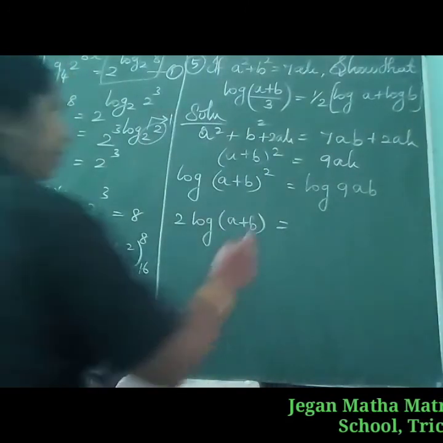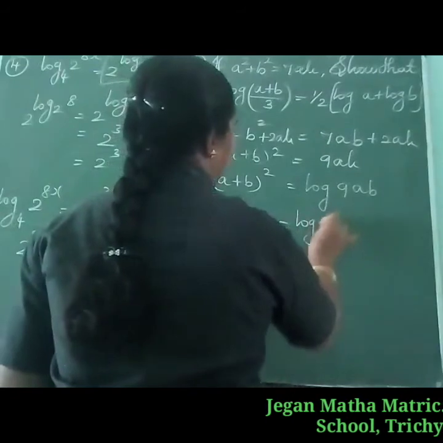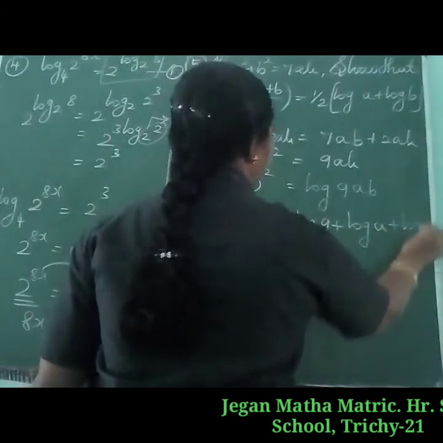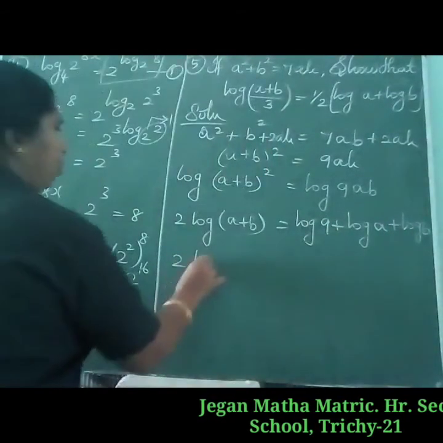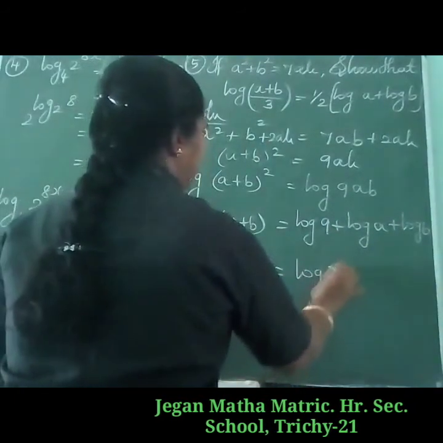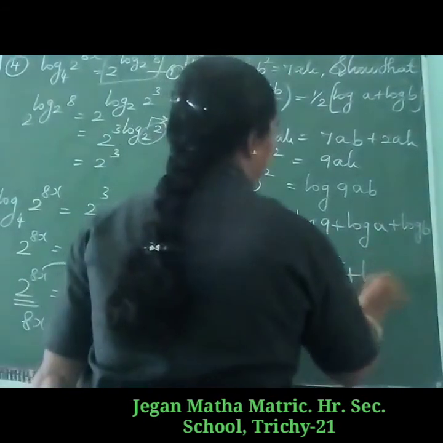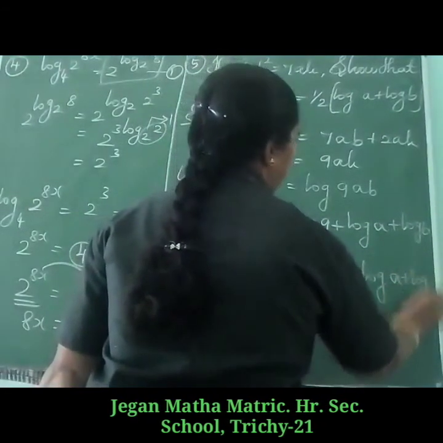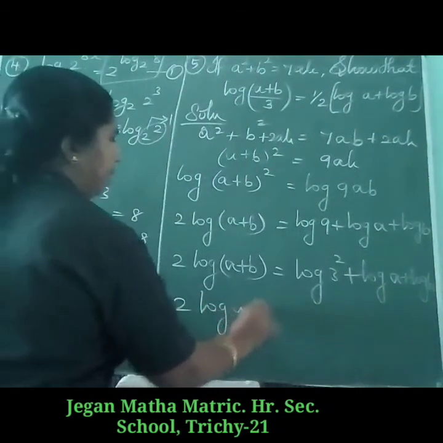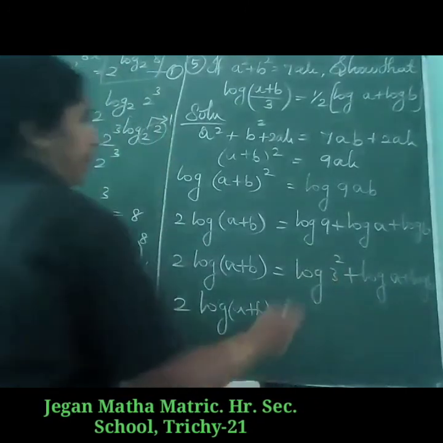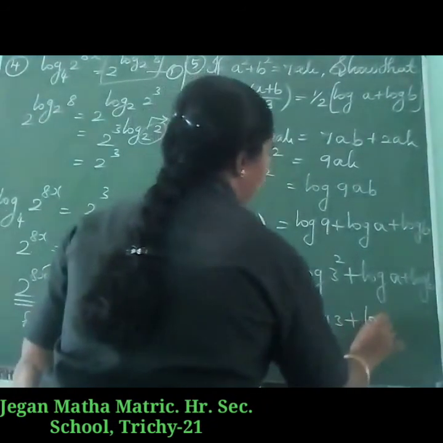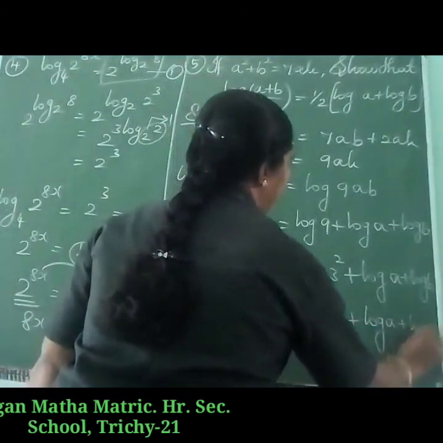So when you are expanding, here we will get log 9 plus log A plus log B. That is 2 log A plus B is equal to log 3 square plus log A plus log B. 2 log A plus B equal to, using the A power m form, 2 log 3 plus log A plus log B.